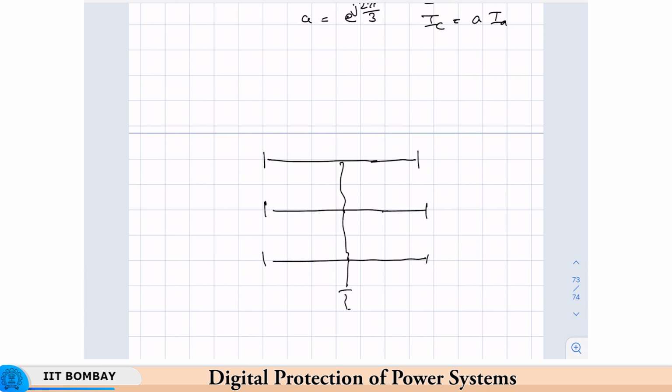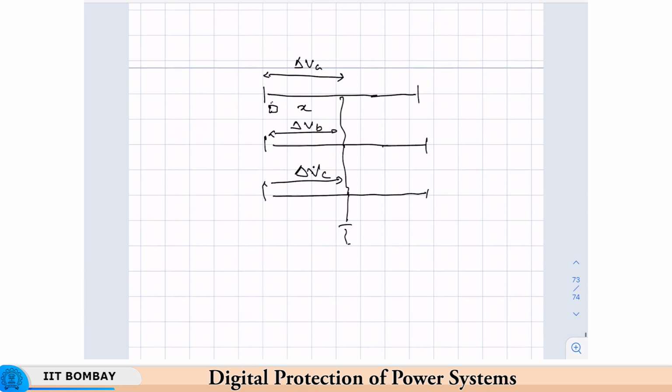Okay, and this VF, of course, since it is solidly grounded, we can take it as 0. So what we have, in other words, is delta VA is equal to VA minus VF. We are not qualifying as VAF and VBF and VCF because it is the same voltage, minus VBF, and delta VC is equal to VC minus VF. Since VF is 0, this is VA, VB, and VC.